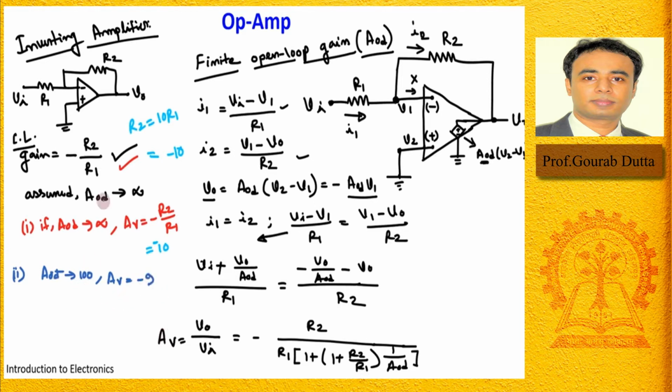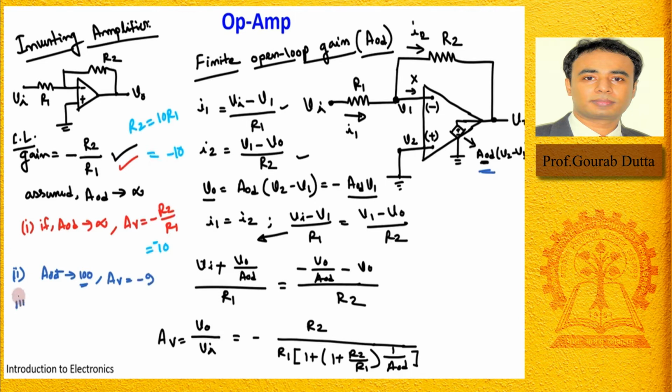You see, when the open loop gain is 100, then the gain is coming minus 9, but we have estimated from the ideal case it is minus 10, right? But it is lower than this gain.